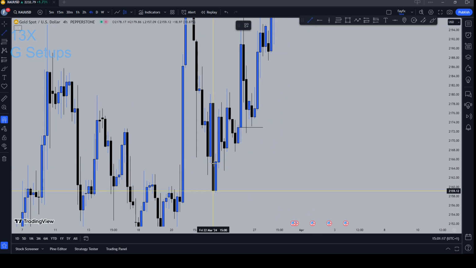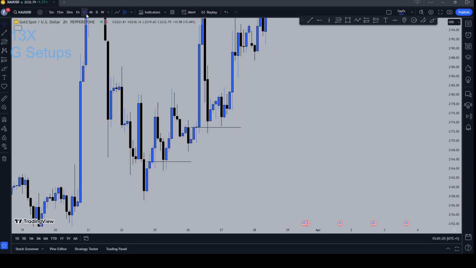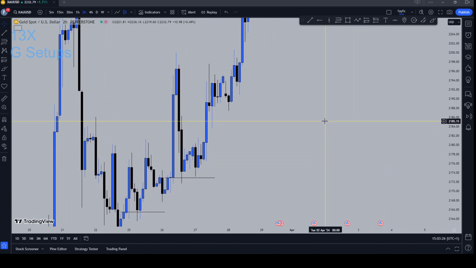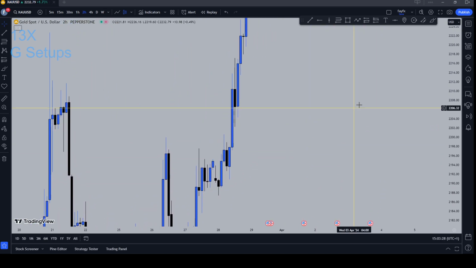Let's look here. This H4 bullish gap. Let's go one time frame lower. We find a gap CC. Price rejected, then flies up. Let's find more examples.